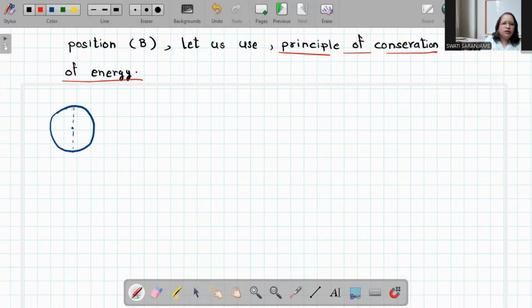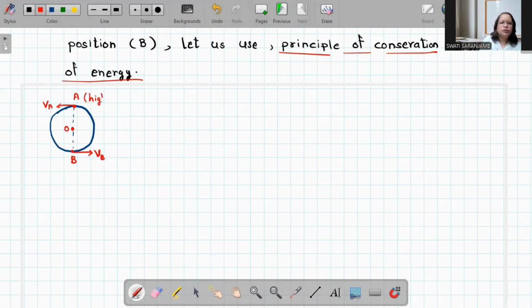And we have considered position A as the highest position, position B as the lowest position. This is the direction of velocity at B. This is the direction of velocity at A. Now, this point represents O, the center of that vertical circle.